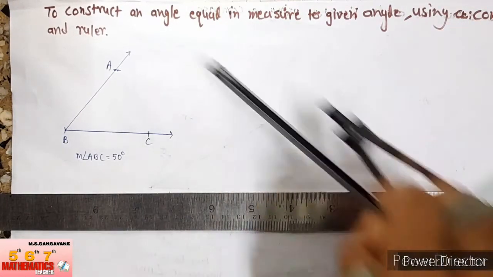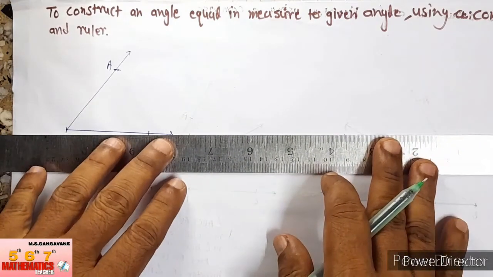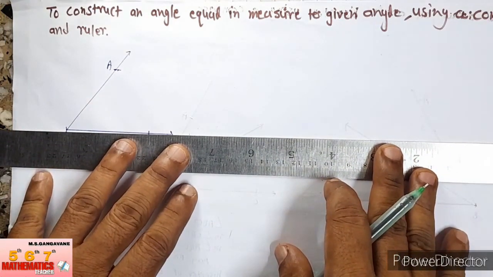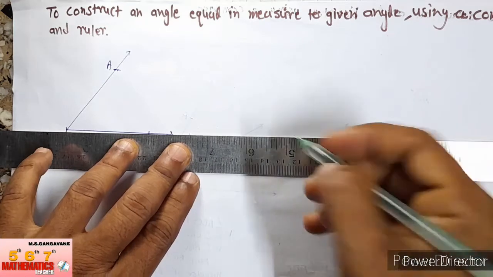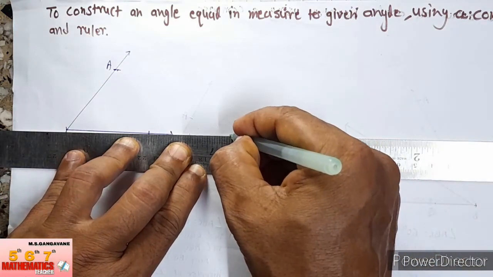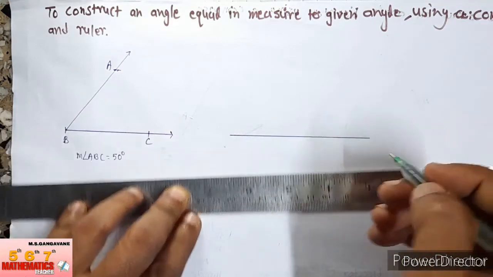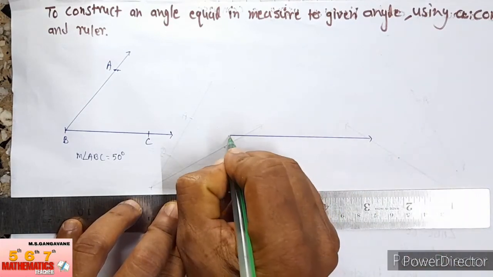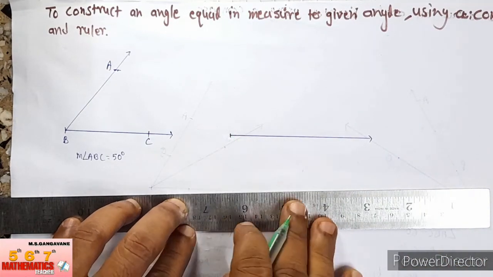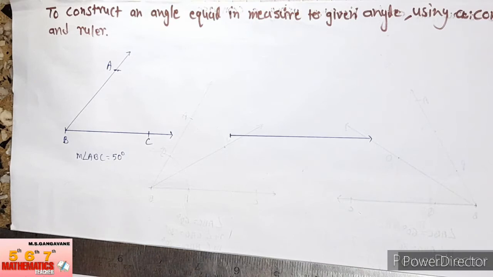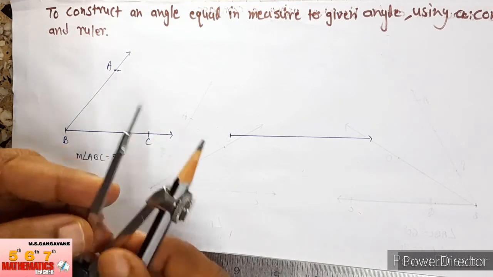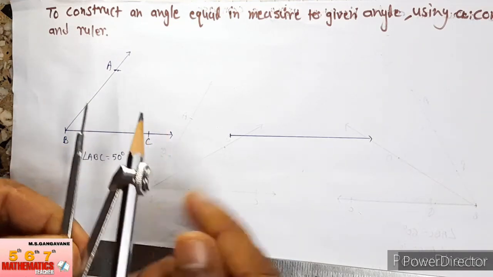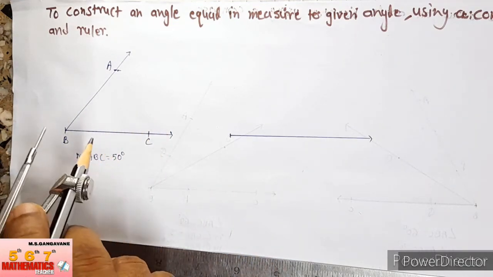Okay, so draw again here any ray. Draw here a ray. Okay, do you understand? Very good. Now open the compass and make a convenient distance.